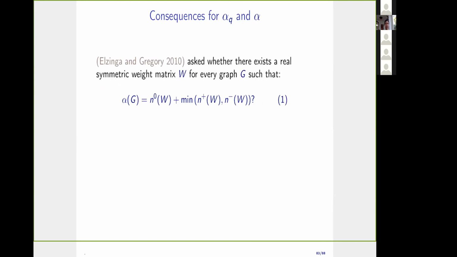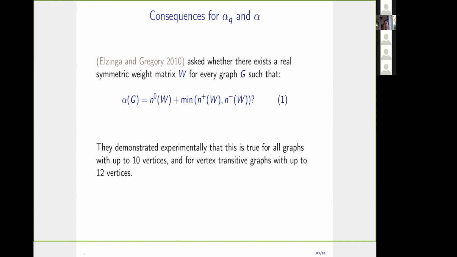And another consequence comes from this question by Elzinga and Gregory in 2010, who asked if there exists a real symmetric matrix W for every graph such that the inertia type of bound by Edinburgh holds with equality. Elzinga and Gregory demonstrated that this is true for all graphs up to 10 vertices and for vertex transitive graphs with 12 vertices.